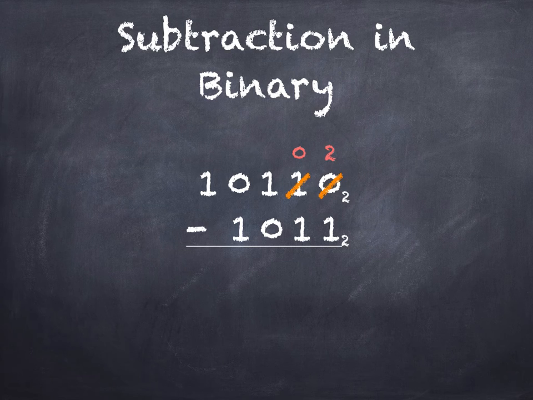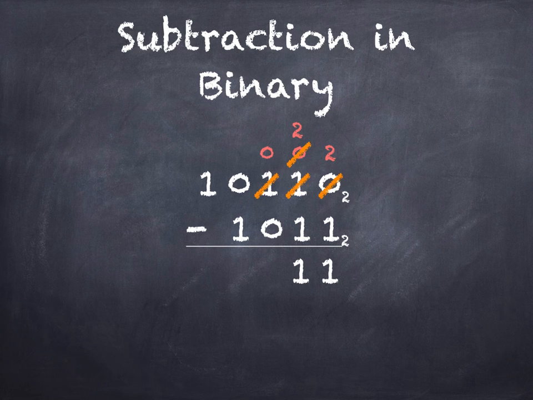Now 2 minus 1 is 1. Now for the second column, we have 0 needs to borrow from 1 again, making that one 0. And the 0 in the second column is now 2 because we add 2 to that from borrowing from the third column. Now 2 minus 1 is 1.